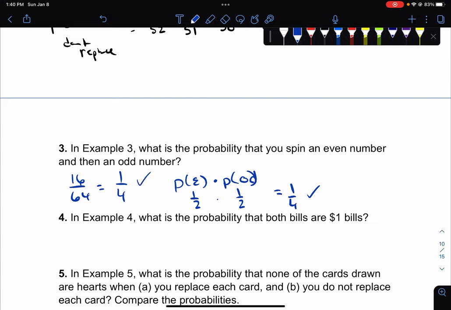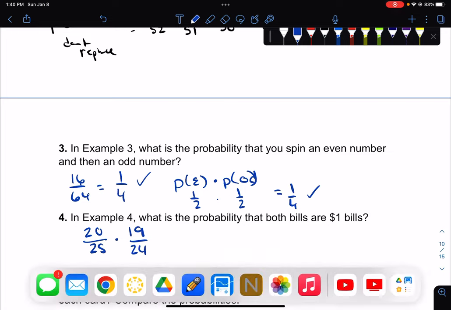Okay. In example 4, what's the probability that both bills are $1 bills? All right, well, the first time I pull a bill, there are 20 $1 bills out of 25 bills. The second time, there's not 20 anymore, there's only 19, and there's not 25, there's only 24, because I took a bill out and I kept it. So I have to do 20 over 25 times 19 over 24.